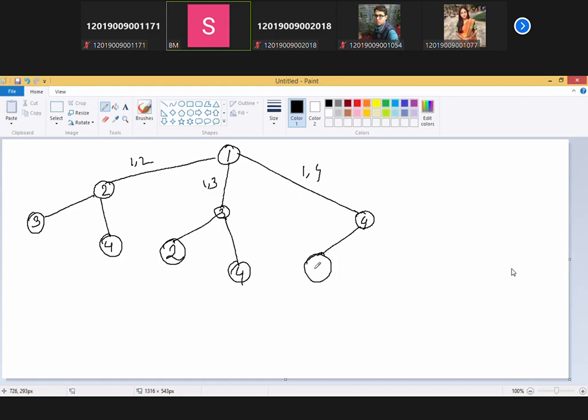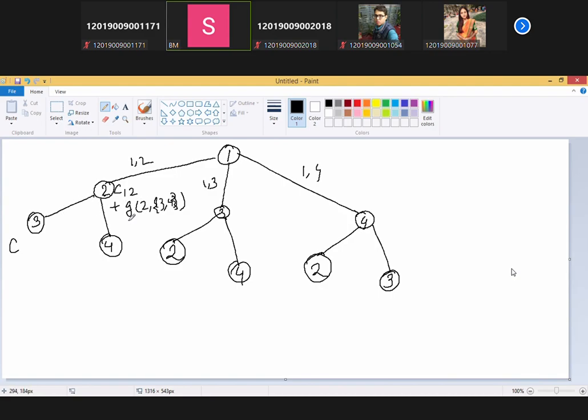node 2 and node 3. Every time things will be calculated, as I have written. So if you are coming here, it was C12 plus G of 2, {3, 4}. Now here it will change, this is for node 2.